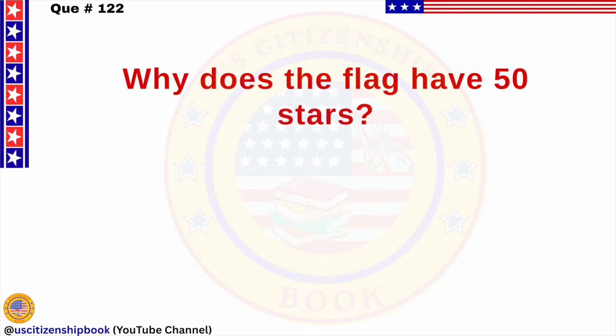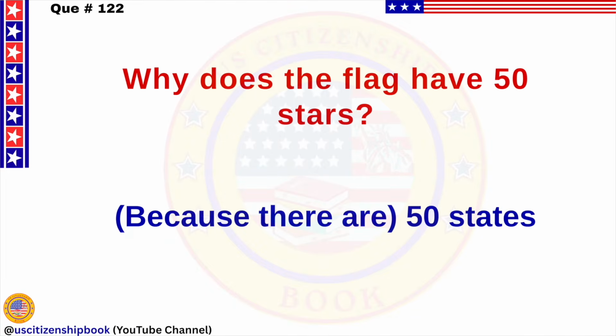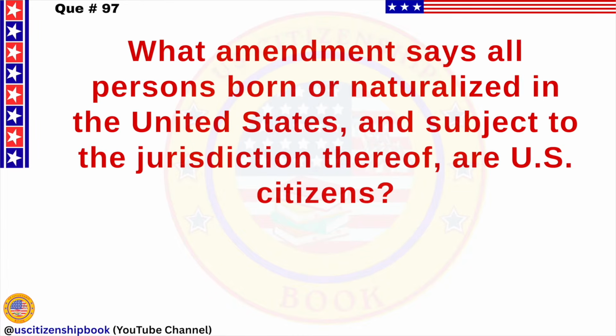Why does the flag have 50 stars? Because there are 50 states. What amendment says, all persons born or naturalized in the United States, and subject to the jurisdiction thereof, are U.S. citizens?